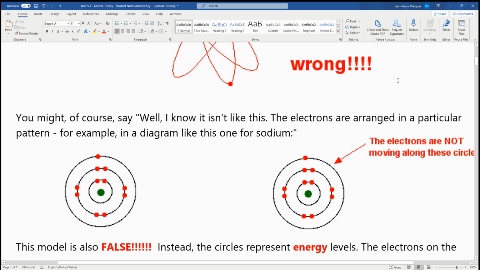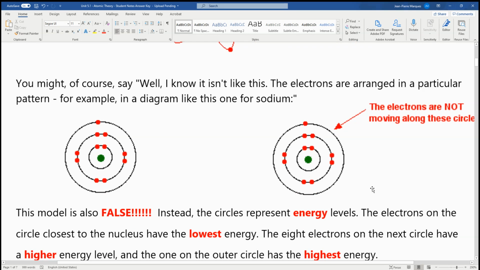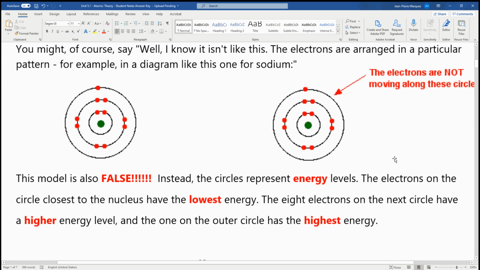Now, when it comes to these circles here, or these orbitals, they may not be true, but they do represent something that is true, and that is they represent energy levels. The electrons on the circle closest to the nucleus have the lowest energy levels, and this is true for the atom as we know it today. The next electrons in the next orbital, the next 8, for example, are at a higher energy level, and therefore they have more energy than those in the first.